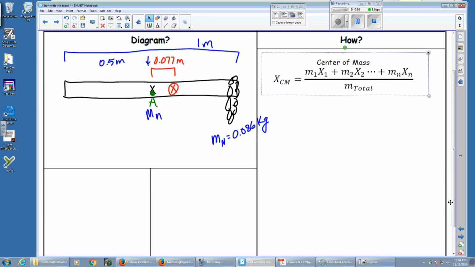So let's see. From point A, how far away is the center of mass of everything? Does everyone understand where, on the diagram, the center of mass of everything is located?